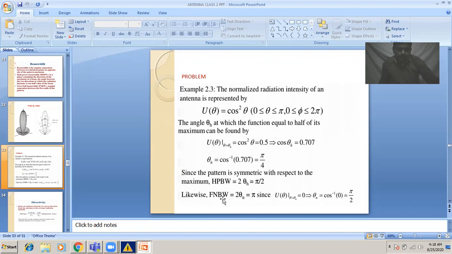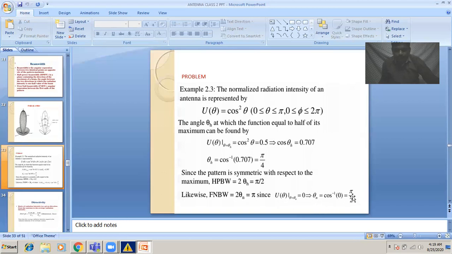So likewise also you can calculate. Or otherwise, in order to take the null direction, what is null direction? Null direction is the direction in which there is no radiated power. So therefore this cos square theta can be made equal to 0. In that way also you can calculate. So there you can get that U of theta is made equal to 0.